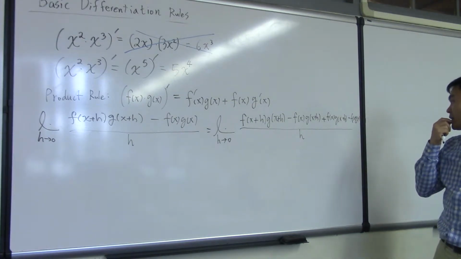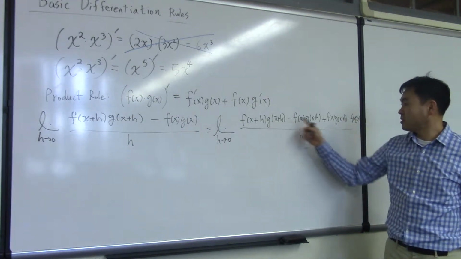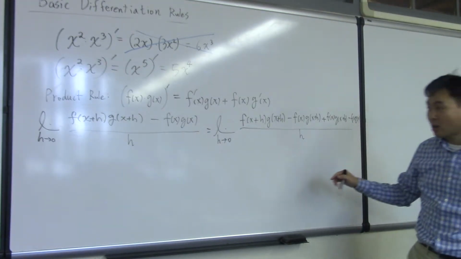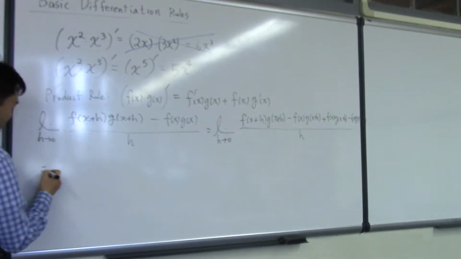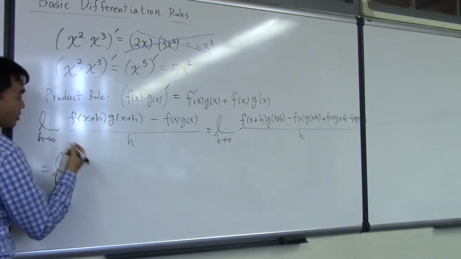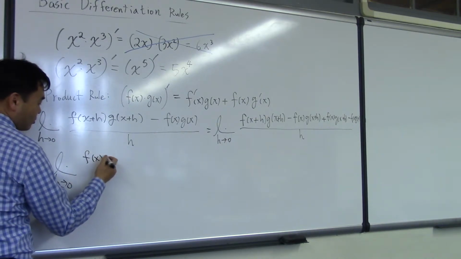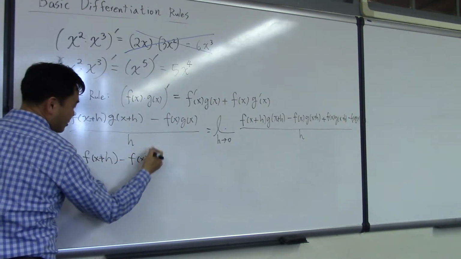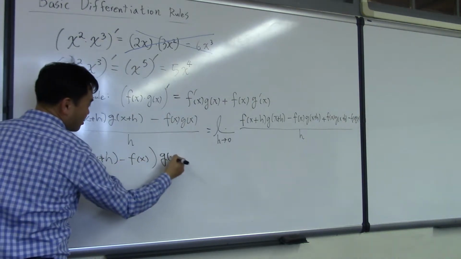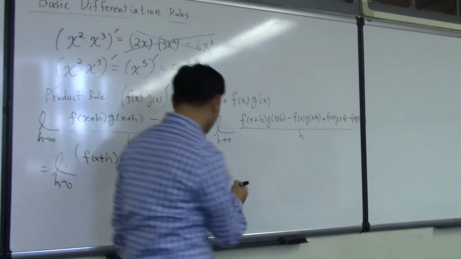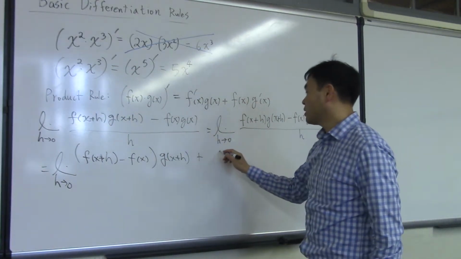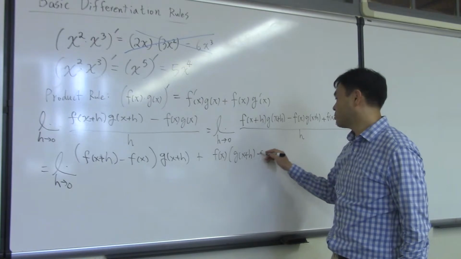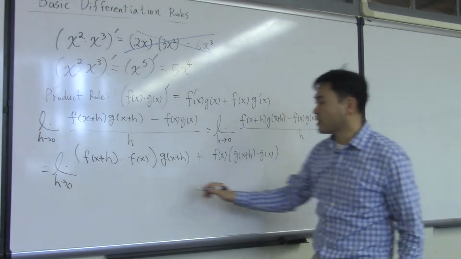Okay, and then I see that these two have g of x plus h as a common factor, and these two have f x as its common factor. So I'm going to factor them separately. Limit h going to 0 of f of x plus h minus f of x times g of x plus h. That was the common factor of the first two. Plus f of x times g of x plus h minus g of x from the second.